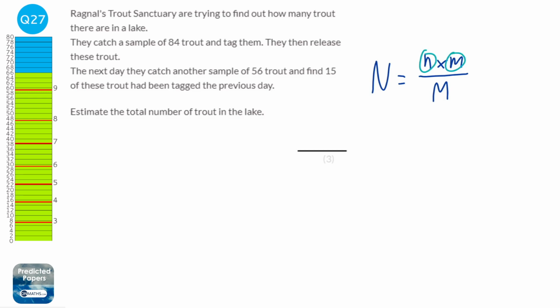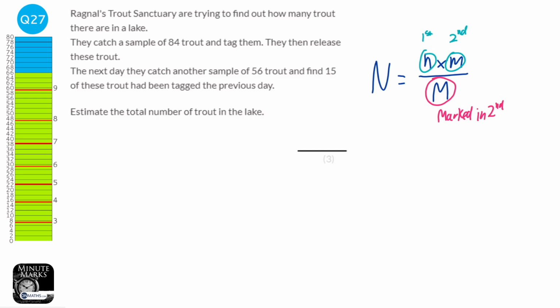So they're the size of each sample, and this big M here is the amount that were marked in the second sample. So n is the first sample, m is the second sample size, and then M is marked.